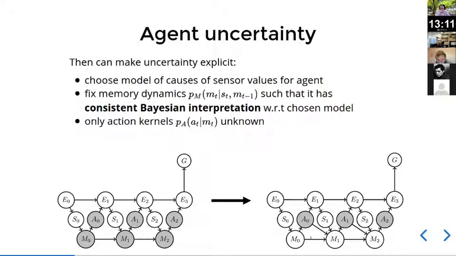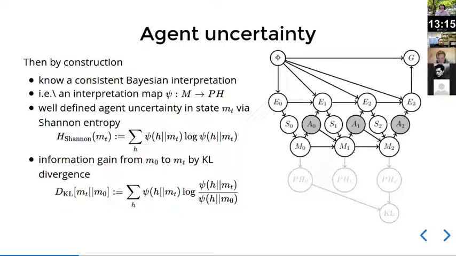And then what this means is that you have these interpretation functions, interpretation maps. I think Nathaniel also called them psi. And these nodes are grayed out because those are deterministic functions. They're not stochastic.